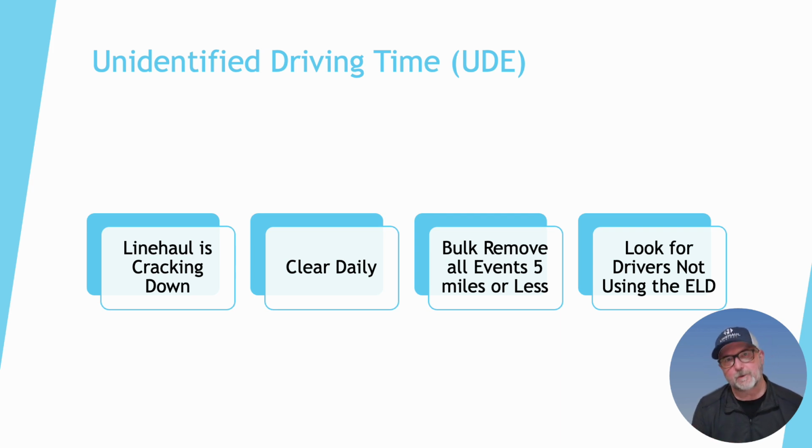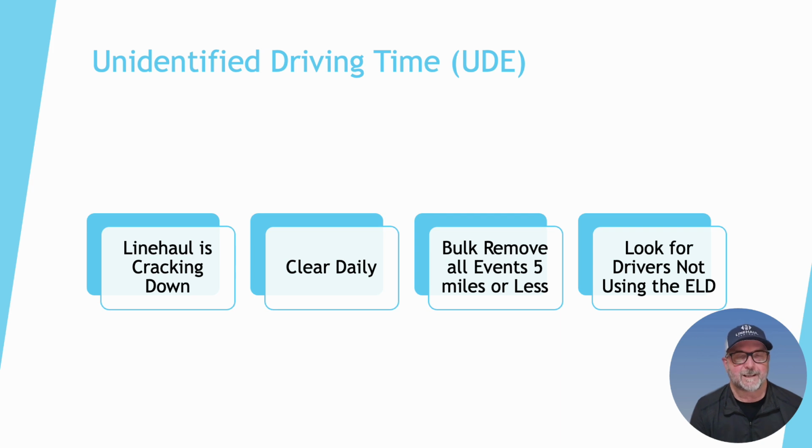So if you're the AO and you're getting an email from Linehaul that says, hey, you've got all these missing logs, it's because of the unidentified driving events, or you don't have an ELD in the truck, or whatever, it's not working. That's what's causing those emails. If you want those emails to stop, then you need to clear out the unidentified driving events every single day.